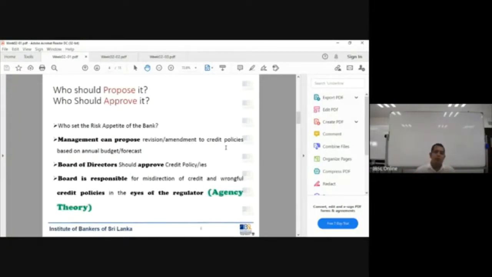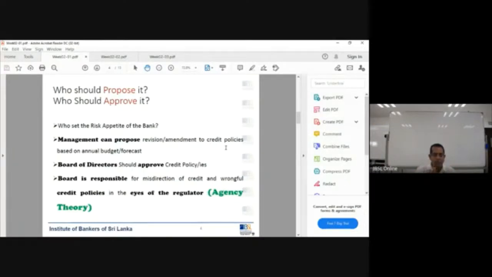Who should propose it and who should approve it? Yes, it is the management of a bank who proposes it, but it should be approved by the board of directors, because the bank runs based on the direction given by the board of directors, not that management will set the direction. The board of directors will set the direction.